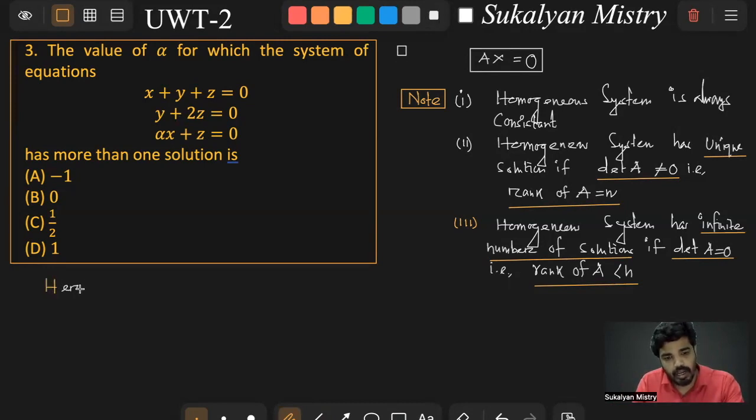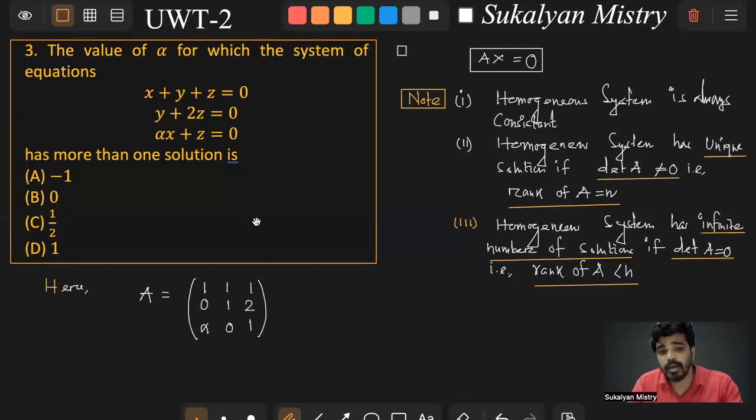Here A is equal to 1, 1, 1. The coefficient of x is 0. The coefficient of y is 1, 2, alpha 0, 1. Okay, clear? So just you calculate.